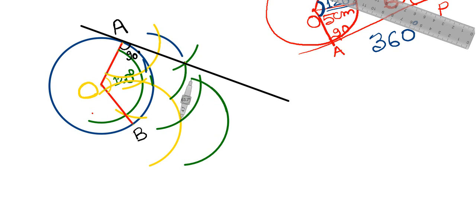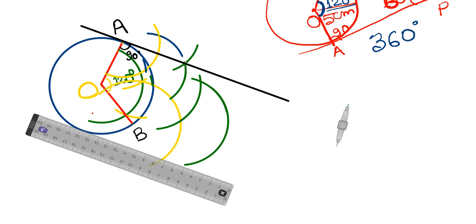You see, it intersects each other at this point. Now you will join and you will get the required angle of measurement 90 degree at B.